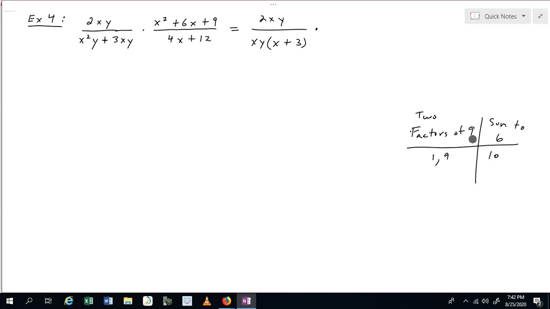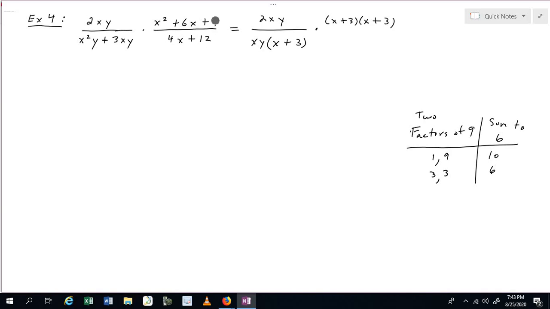And then 2 would be the next number to look at, but 2 is not a factor of 9. So then the next number would be 3. So 3 times 3 is 9, but then that adds up to 6. And that's what we wanted to add up to. Okay, so this looks like it factors into x plus 3 times x plus 3.